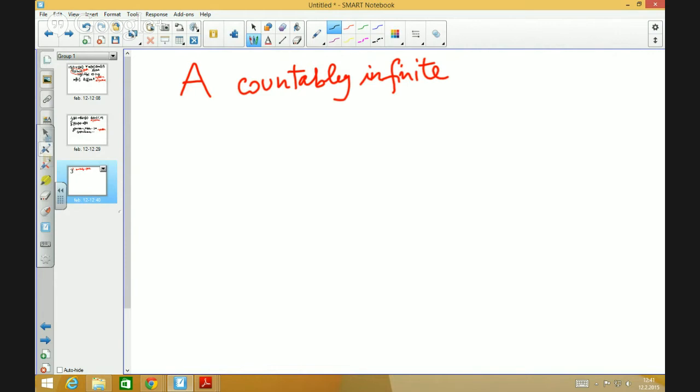It means, as your colleagues in the room told me, that this set can be put in correspondence with the natural numbers. In particular, I can write this set as the first element, the second element, the third element, the fourth element, and so on. That's really the implicit correspondence, the bijection between the natural numbers and this set. I can enumerate these elements.